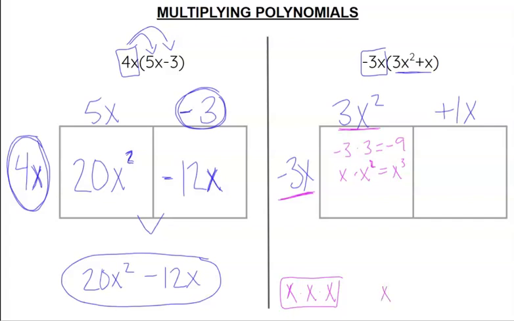We have x, which when there's no power is really raised to the first power, times x to the second power. So we can do 1 plus 2 and get x to the third power. So whatever way is easiest for you to remember, but if we do x times x squared, we get x to the third power. And then we just put those pieces together and we get negative 9 times x to the third power.